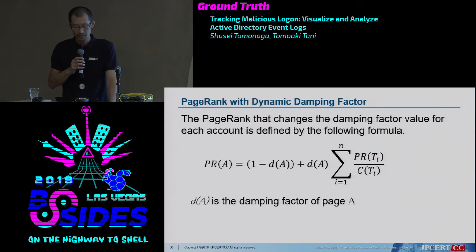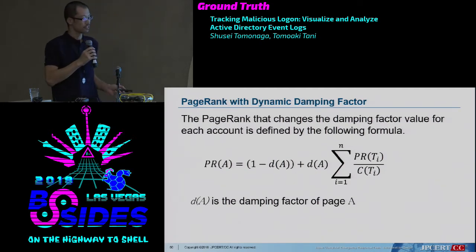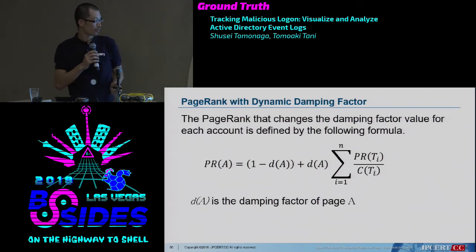The PageRank that changes the damping factor value for each account is defined by the following formula. D is the damping factor of page A. And the next question is how to determine the damping factor.